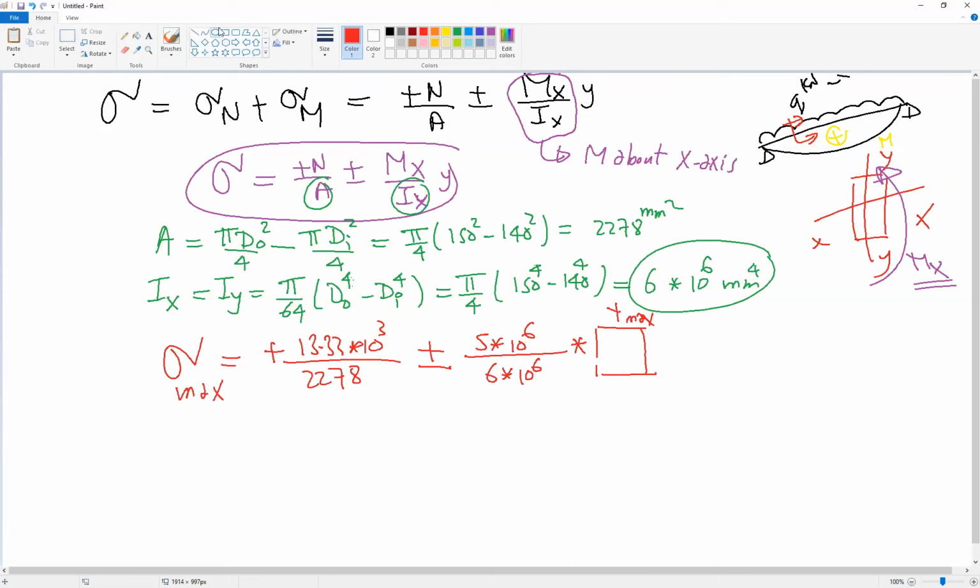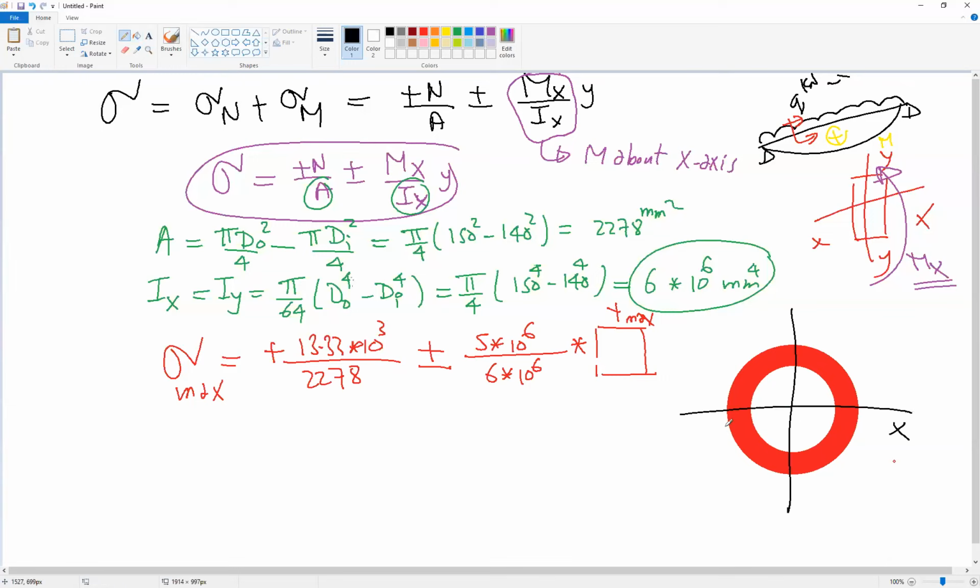If we return back to our section again, this is our cross section, and this is the x-axis, the y-axis, this is the moment Mx, and this is the normal force N. So what is y?